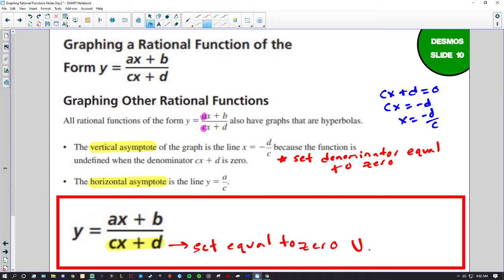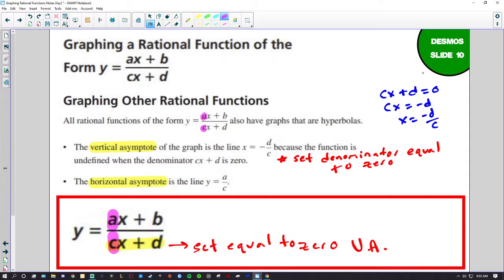This would be your vertical asymptote. To find your horizontal asymptote, you would just do a divided by c. That would be your horizontal asymptote. You can plot both your vertical and horizontal, and then you can sketch your parabola. Or not parabola, sorry, hyperbola.